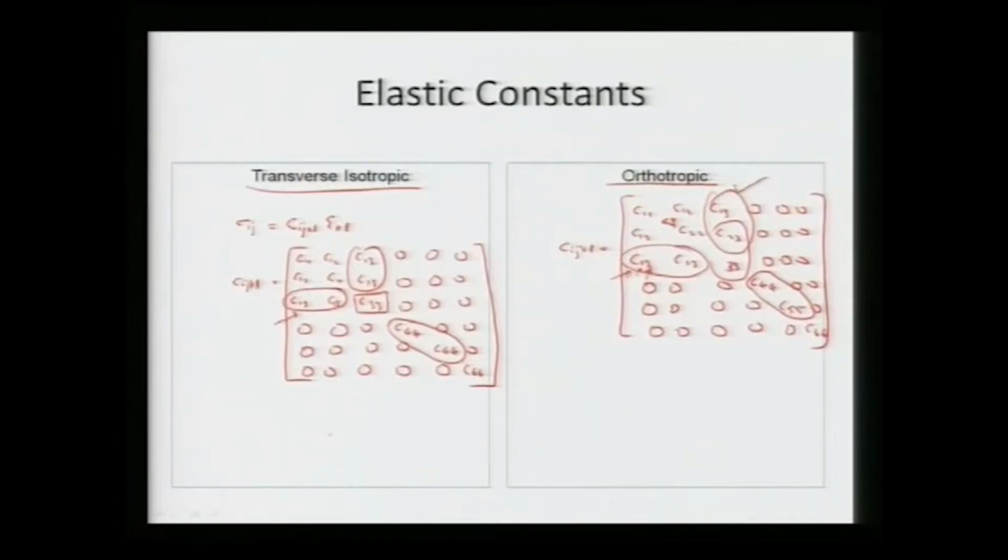So there can be certain dependence because of the transverse isotropy, or because of its hexagonal symmetry. We can see this side and this side are now symmetric, whereas it is not so in the third direction. But in the orthotropic case, we don't see any similarity either along 1 or 2.